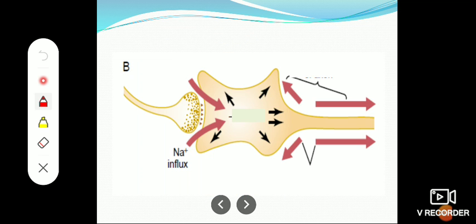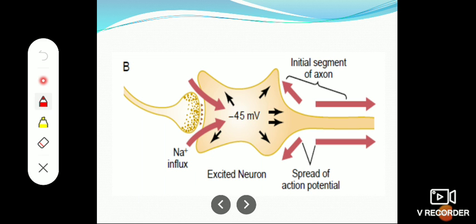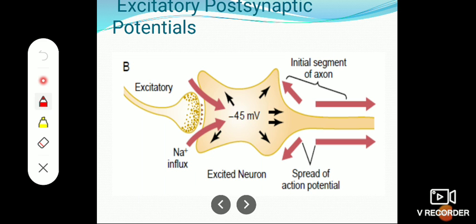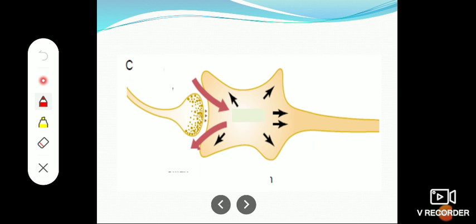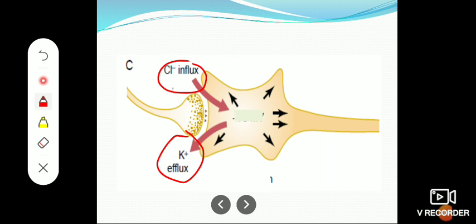At a presynaptic terminal, if there is an influx of sodium, this will lead to depolarization, which we label as an excitatory postsynaptic potential. Sometimes there is an opening of potassium channels, so there is efflux of potassium or influx of chloride. This will lead to hyperpolarization, which is called inhibition.